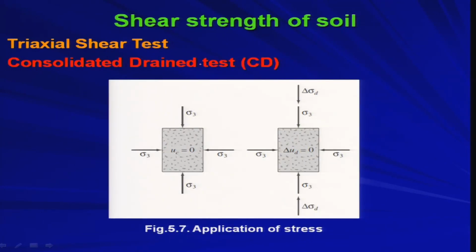Now, we will come to this figure. There are two steps basically happening in this consolidated drained test. In the first step, you are applying sigma 3 all round, from the radial direction, that means you are increasing the cell pressure, and that cell pressure will be giving you some sigma 3 all round, right.